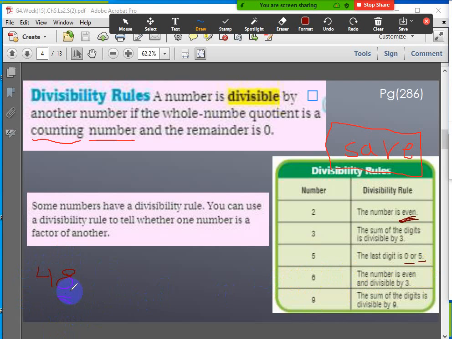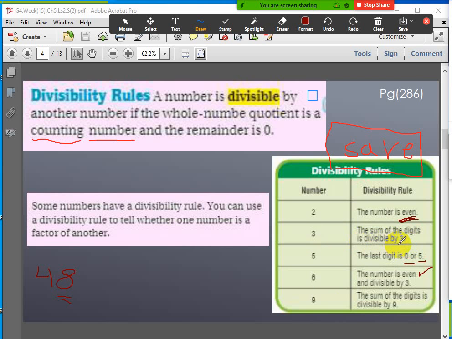The ones digit here is 8, that means it's even, that means the first condition is done. What about the second one? The second one told me that the number must be divisible by 3.